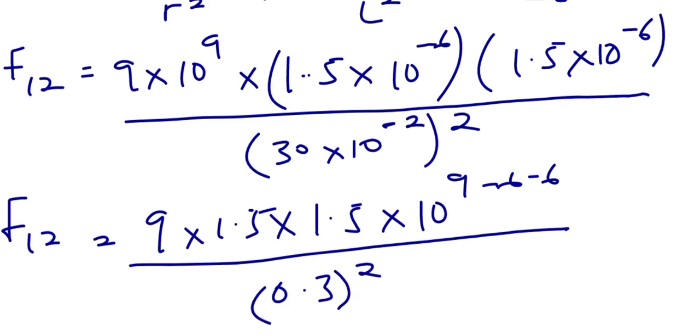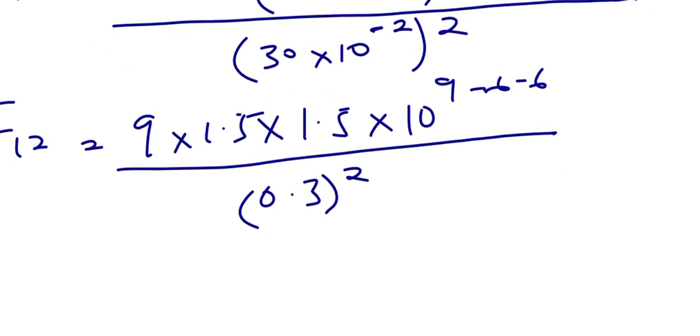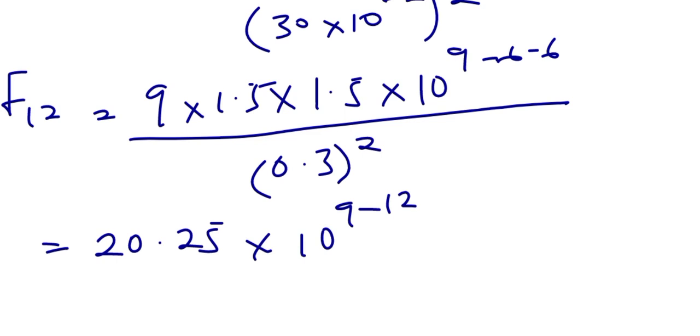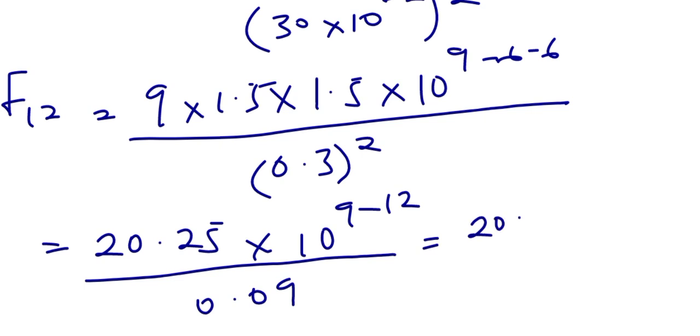Then we can square it. So 9 times 1.5 times 1.5 will give us a value of 20.25. Then 10 to the power of 9 minus 6 minus 6 is 9 minus 12, divided by 0.09.